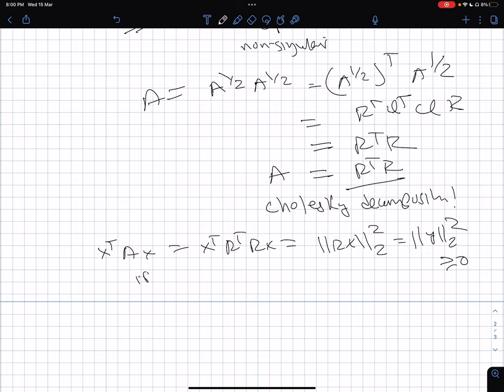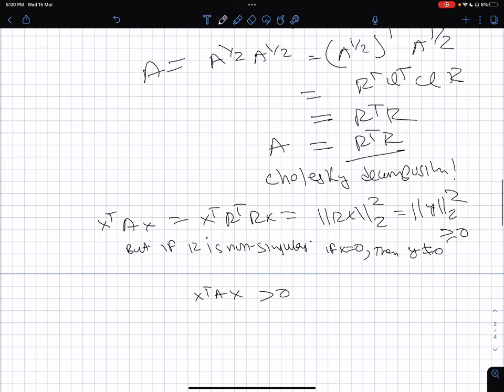But if R is non-singular, that is all its diagonals are non-zero, in this particular case greater than 0, then if x is not equal to 0, then y, which is Rx, will also not be equal to 0, and therefore this will become strictly greater than 0 for all x not equal to 0, making it clear that A is an SPD matrix.